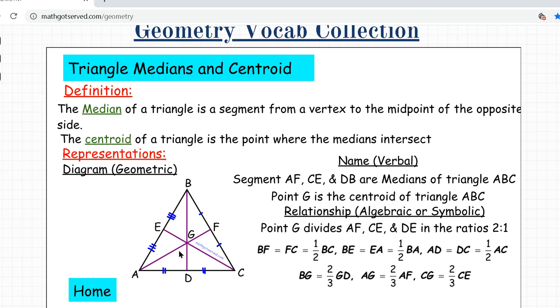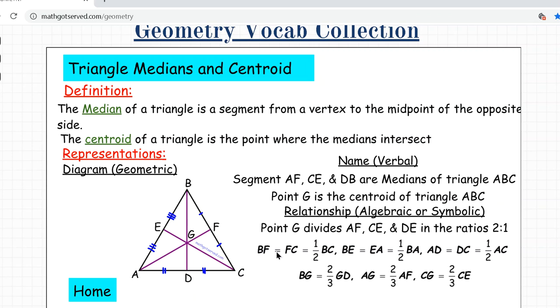Since the median is a bisector, it splits that side into 2 congruent halves. Let's look at side BC of this triangle, for example. Since segment AF is a median, it bisects BC. So BF is equal to FC, and half of the entire length is equal to either BF or FC.